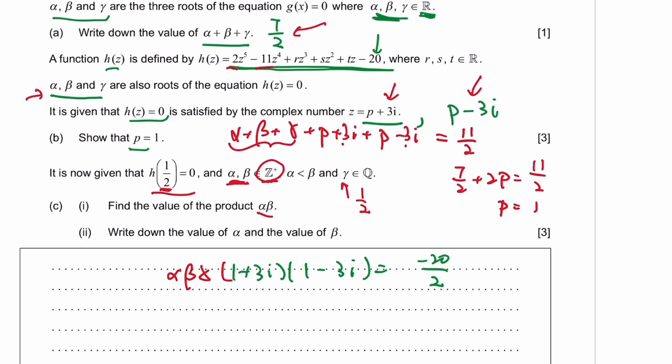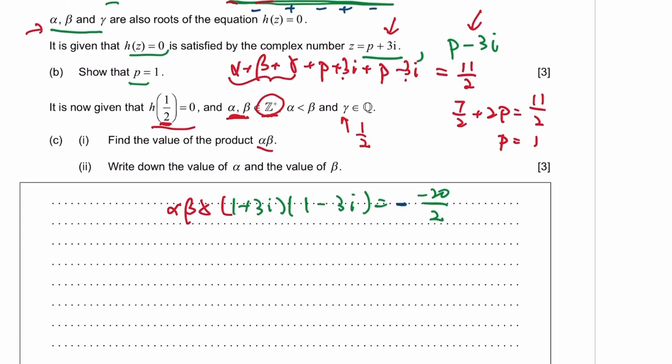So b is negative, then positive, negative, positive, negative. So it's negative. You can also memorize, since this is an odd power polynomial, the product of roots would be negative 1 to the power 5, so it's negative. So yeah, you should know that. So gamma is half.